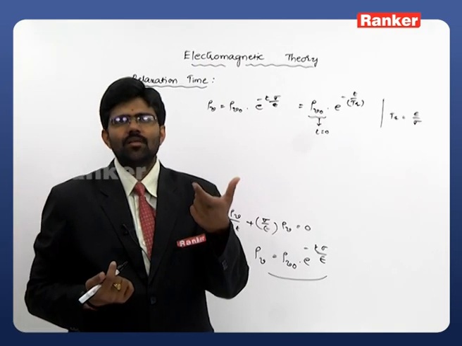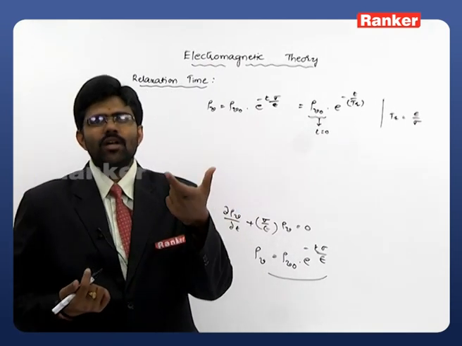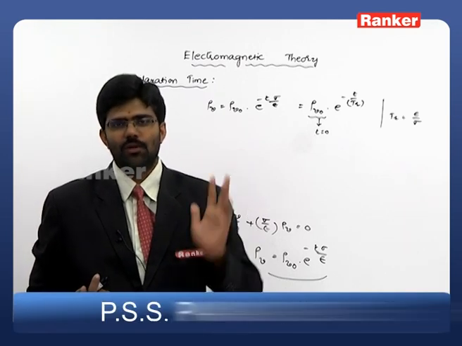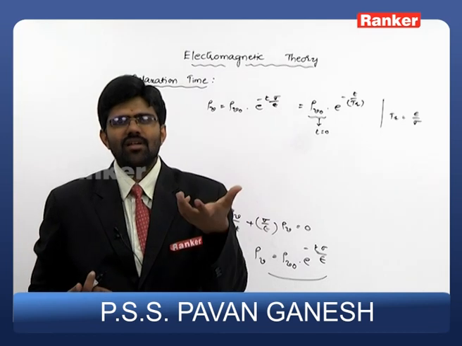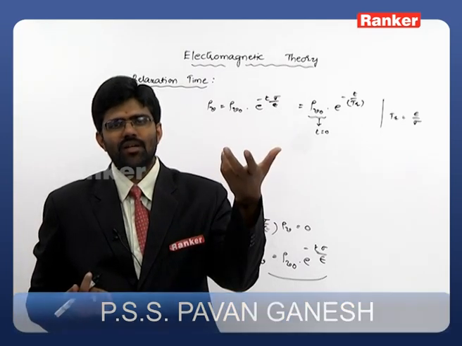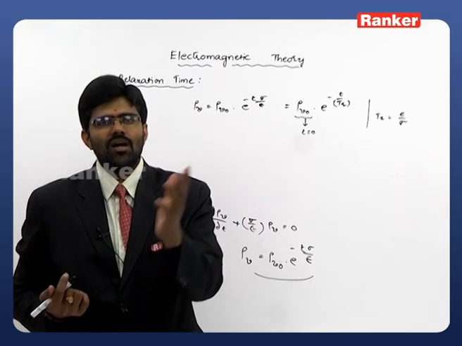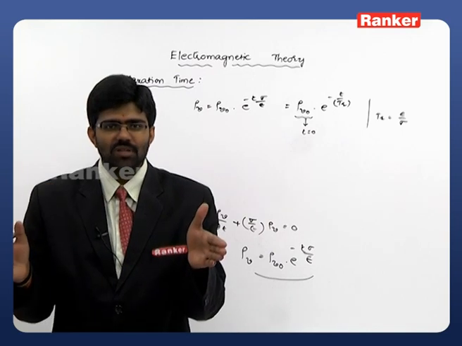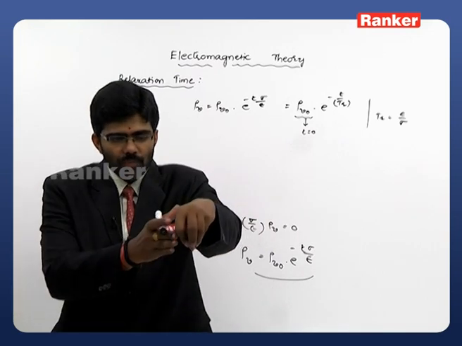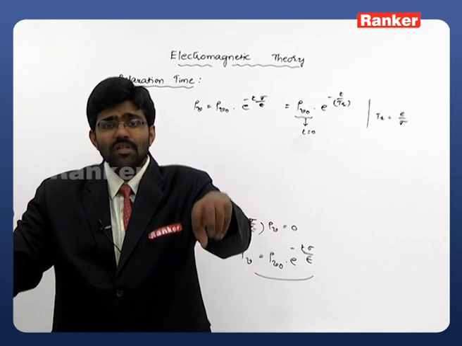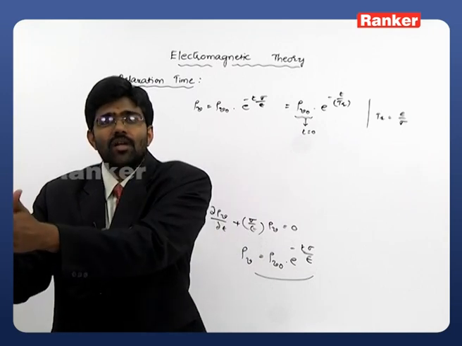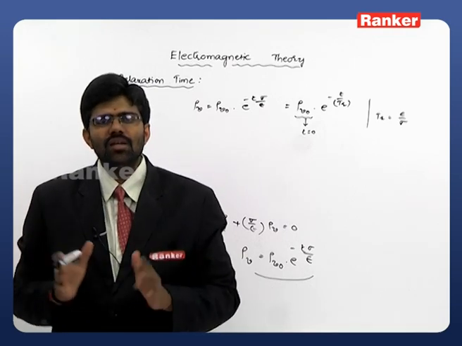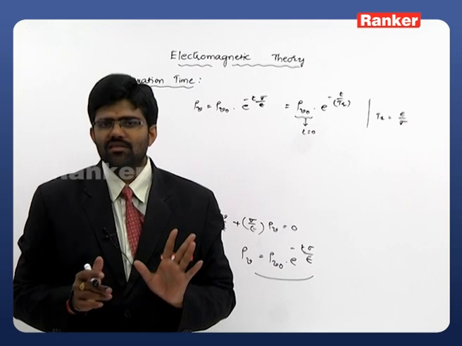It is the time taken by the charge to reduce its quantity to 36.8% of its initial value, or e power minus 1 times the initial value. Whenever we place a charge, we observe after what time this charge is reduced to 36.8% of the initial value. That is what we have to examine.